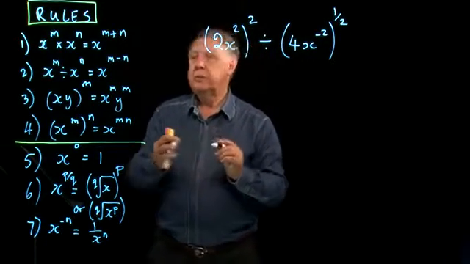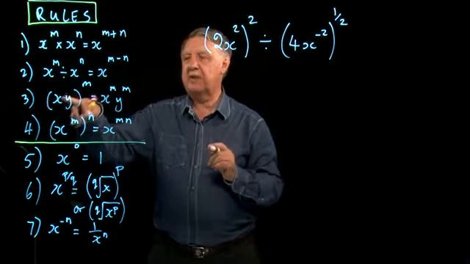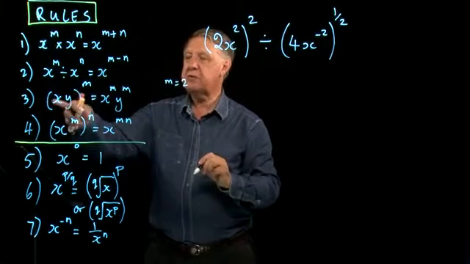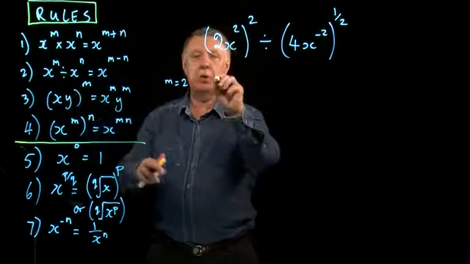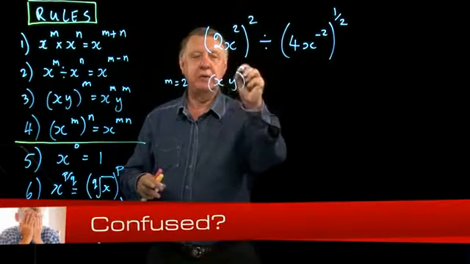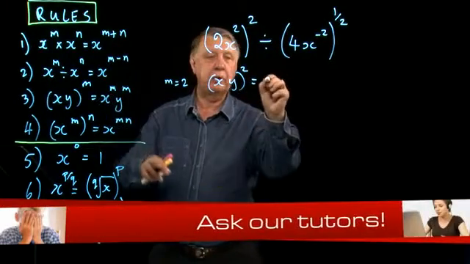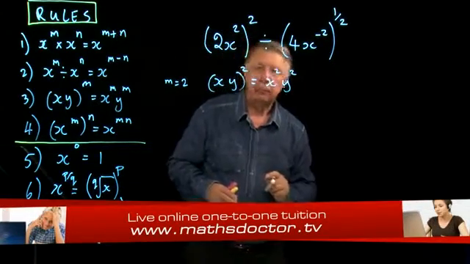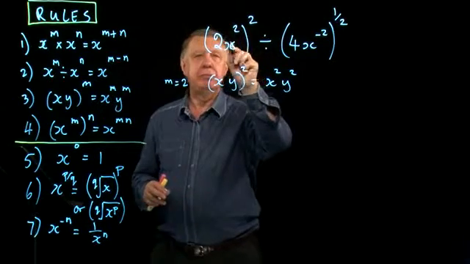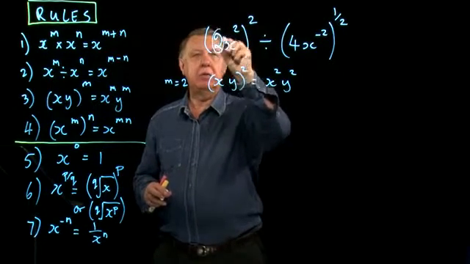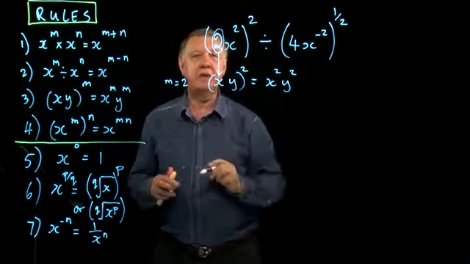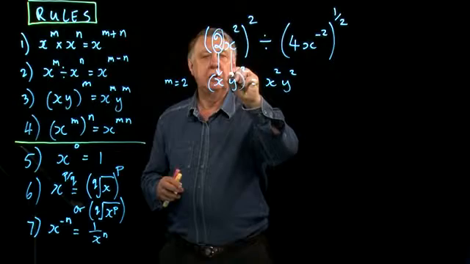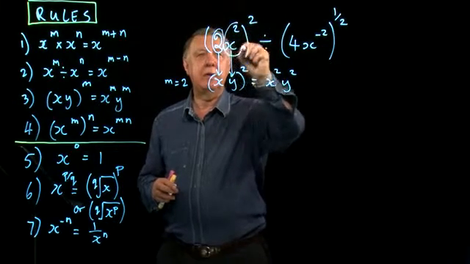Okay, so let's look at what this rule has to say. If I put m equal to 2, this rule tells me that (xy) squared equals x squared y squared. Now go back to here. 2 is replacing x, and instead of y, I've got x squared.